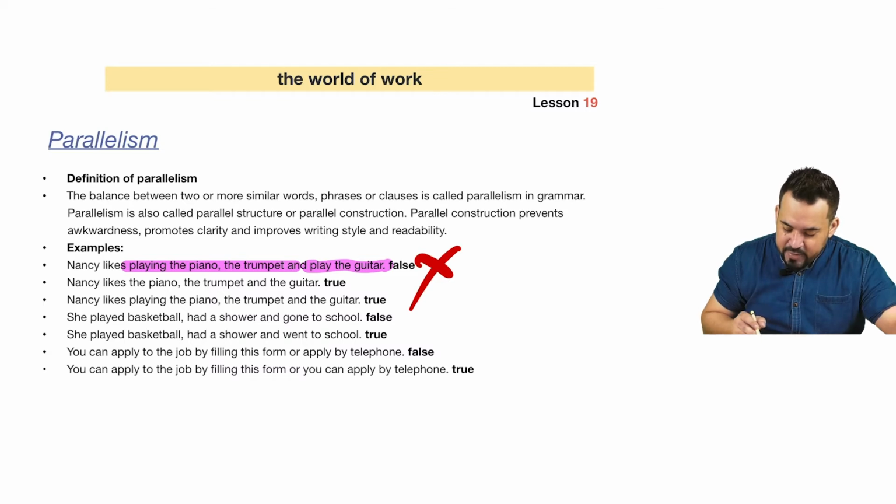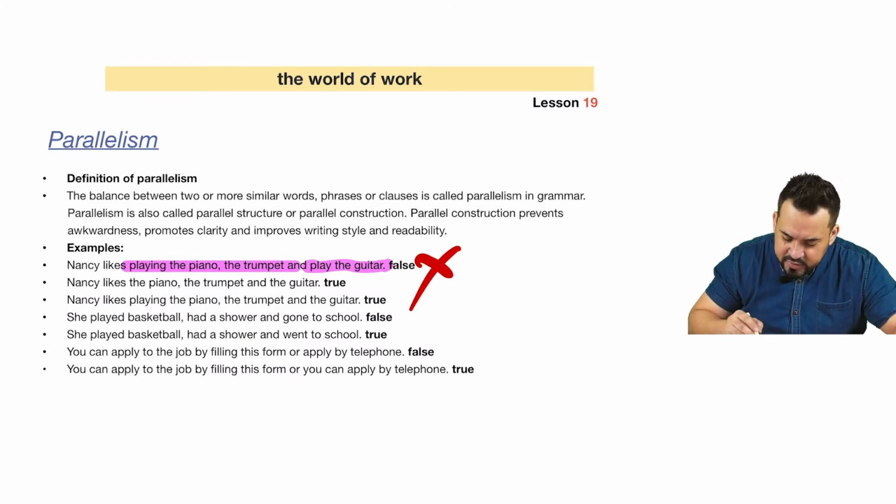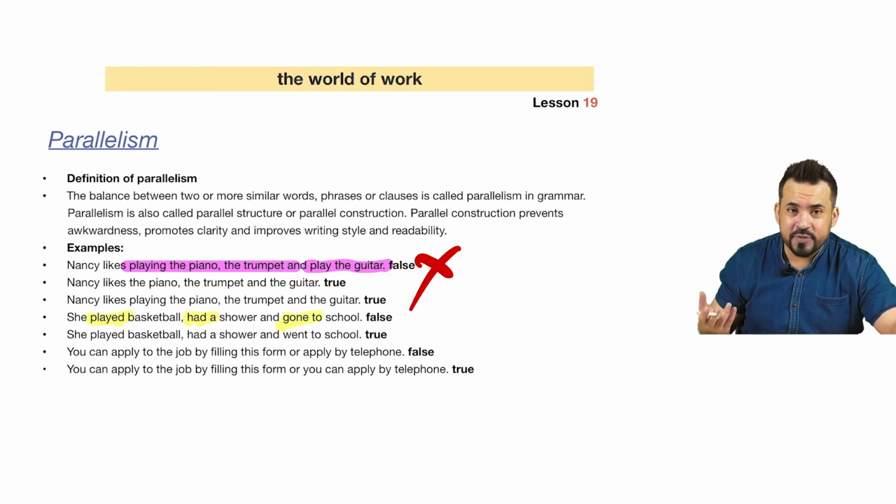She played basketball, had a shower, and gone to school. Okay, this is not right. Why? Because we use the past simple in the first part of the sentence. She played basketball, had a shower, so we use past simple, and gone to school as past participle.